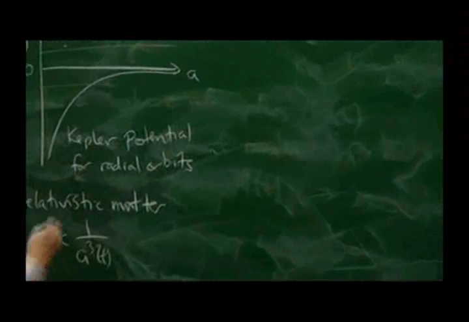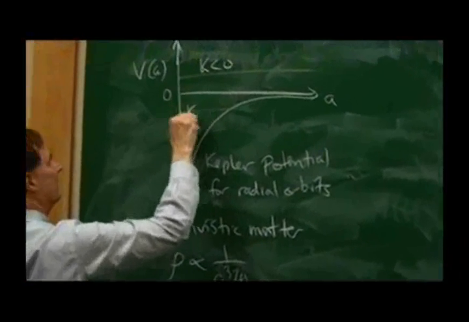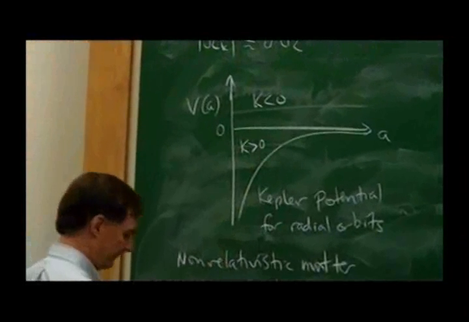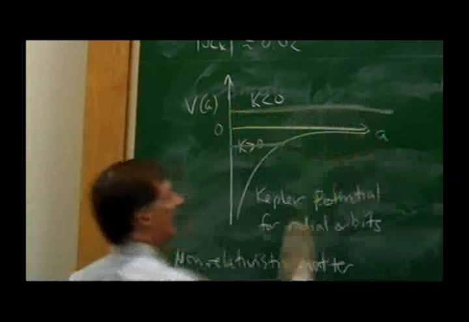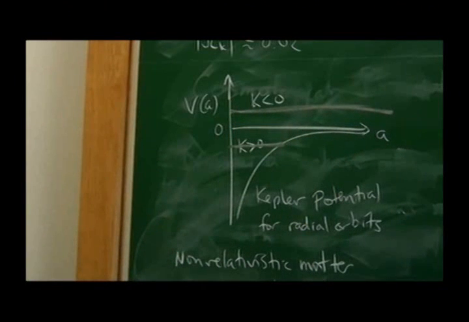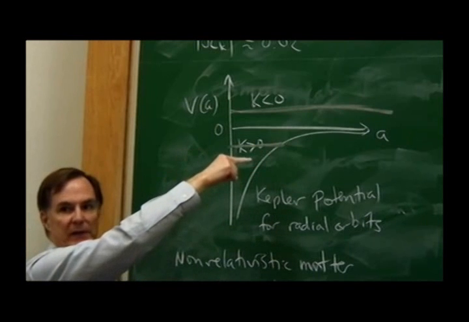This would be K less than 0 or K greater than 0. Remember, what this energy equation tells you is that your trajectories have to lie below the energy level.